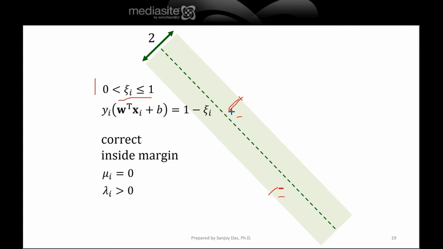And so the constraint zeta I greater than or equal to 0 is an inactive constraint now, and therefore mu I equals 0. But the other is an active constraint because we have this equal to sign now. Therefore, lambda I is greater than 0.